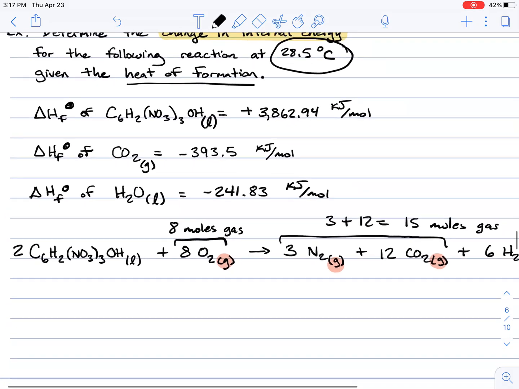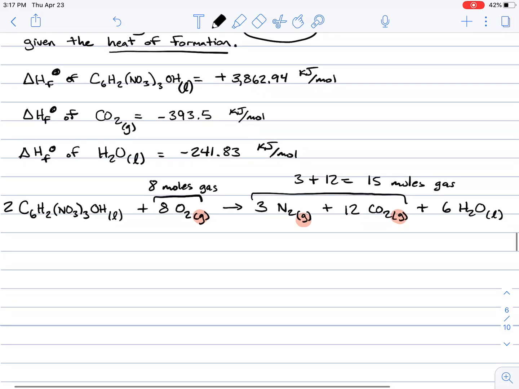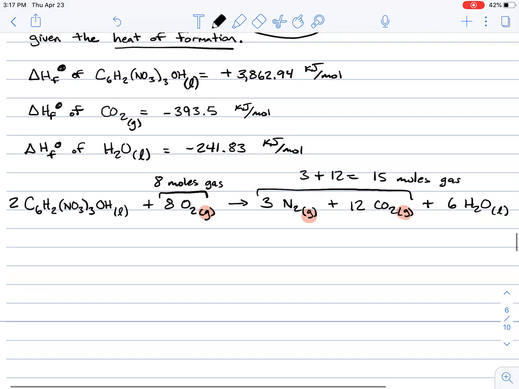You can do that by applying Hess's law. The version of Hess's law that we're going to perform is simply the sum of the products minus the reactants, and each of the products and reactants is going to be multiplied by its coefficient.